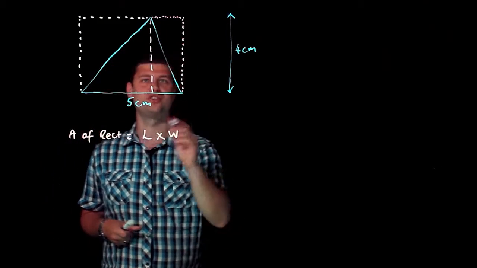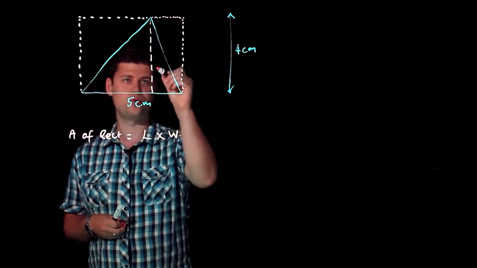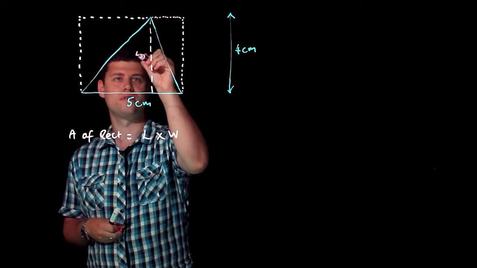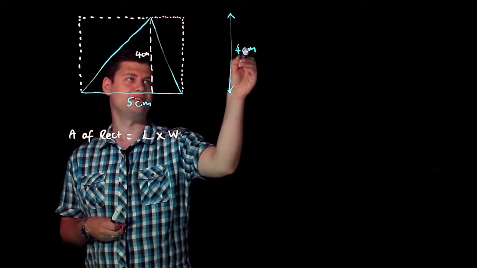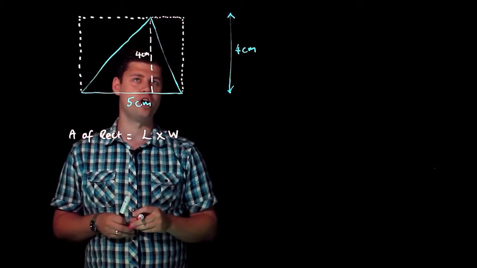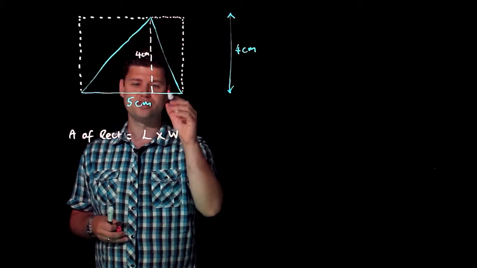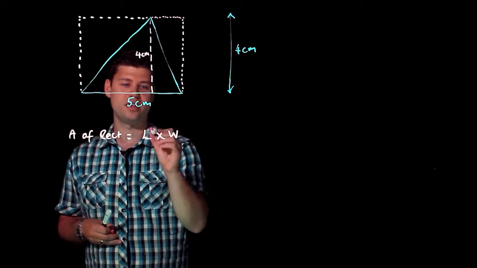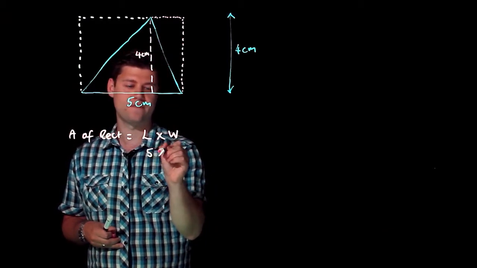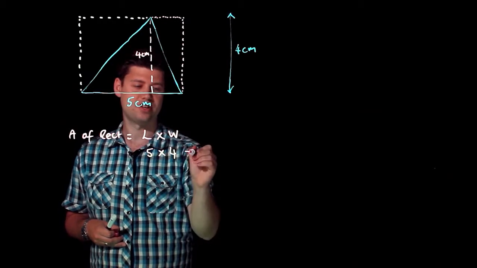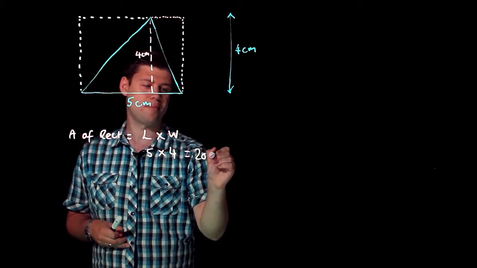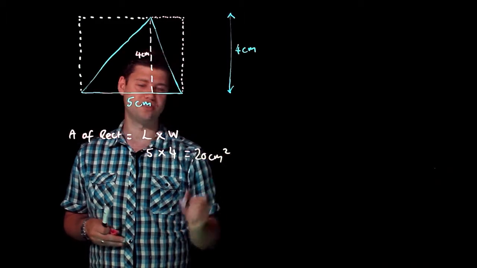Okay, now in this situation, we know that this vertical height here is 4 centimetres, because we got that already from what we're told at the start. So that's going to mean that the length times width here is going to be 20, and again remember that our units are going to be centimetres squared.